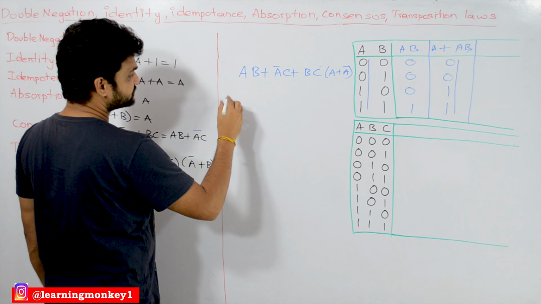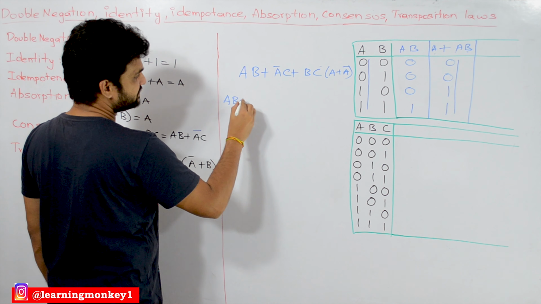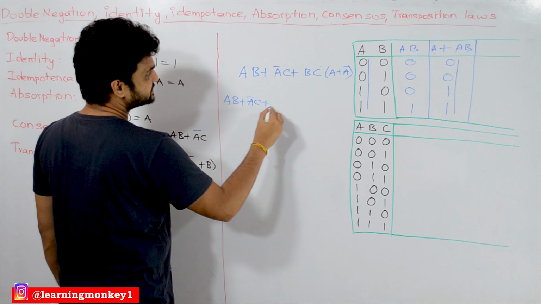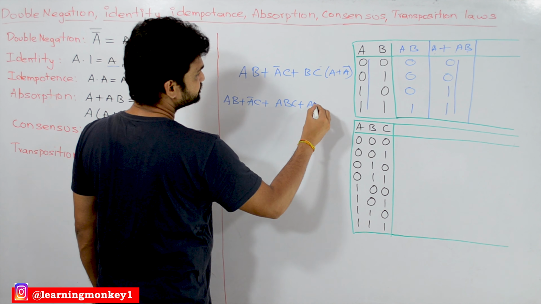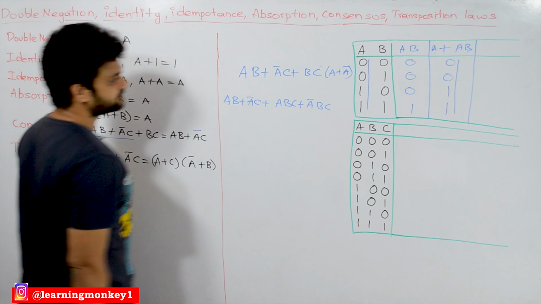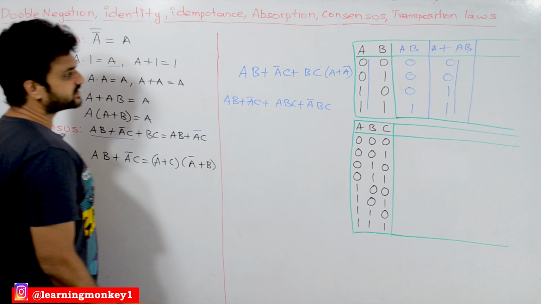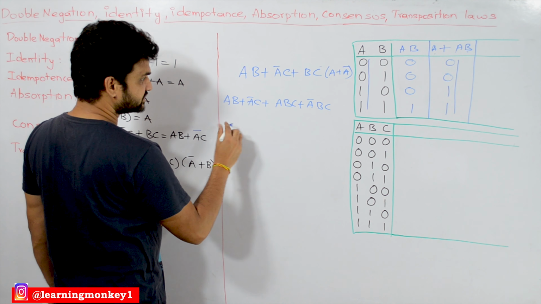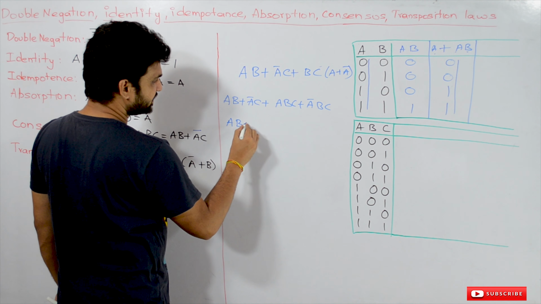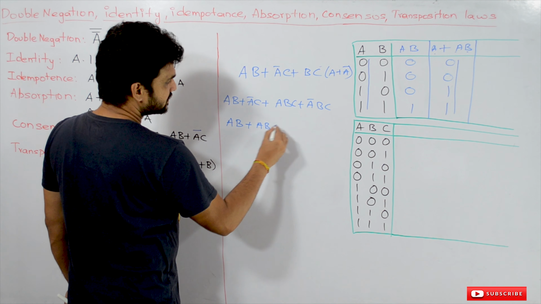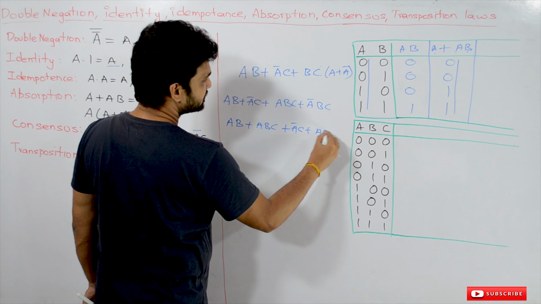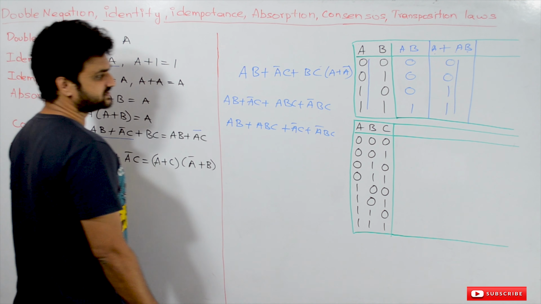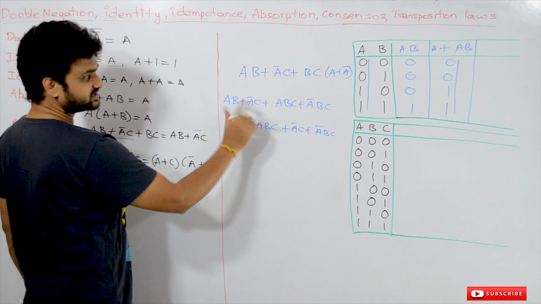If you expand this, it is going to be AB plus A bar C plus ABC plus A bar BC. Now if you rearrange this, it is going to be AB plus ABC plus A bar C plus A bar BC, just rearranging the values.